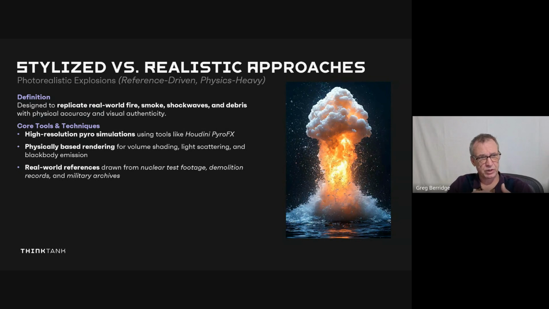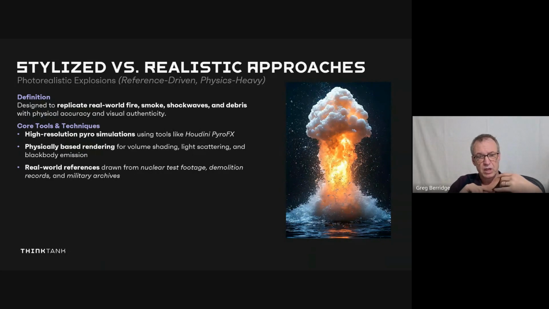The tools that we would normally use for this in the industry would be primarily Houdini and its pyro effects, as well as some of the other aspects of Houdini. So physically based rendering, volume shading, realistic light scattering, black body emission, and so on.